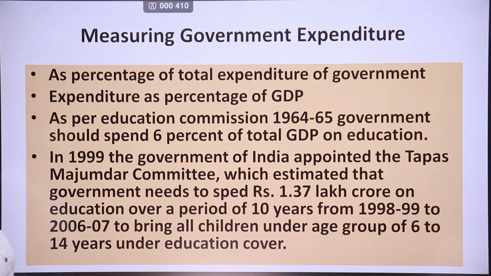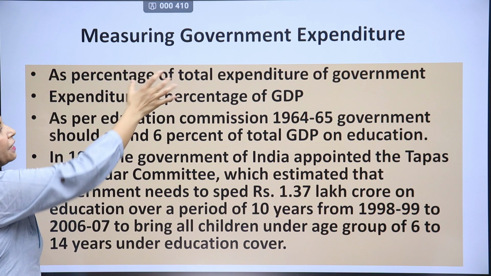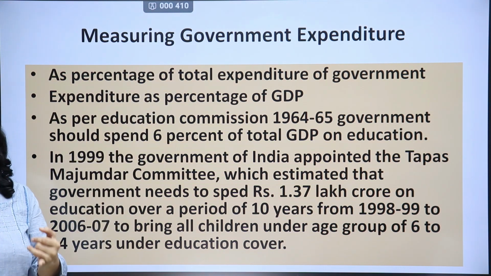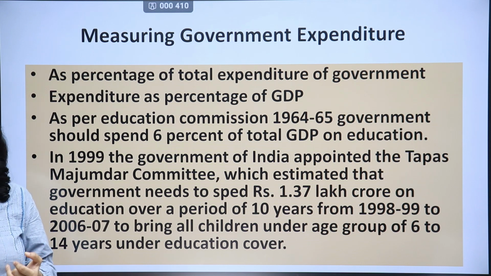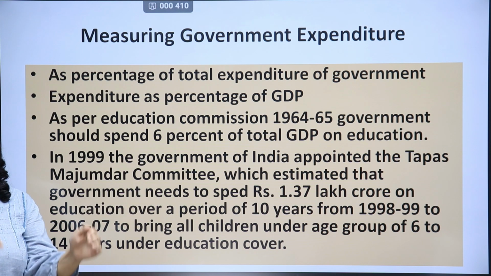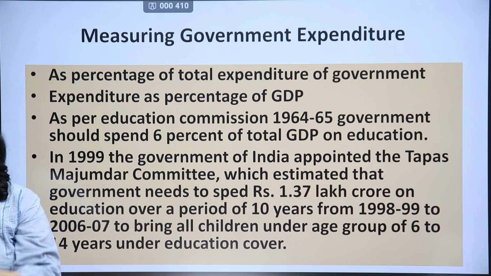Then, measuring government expenditure as a percentage of total expenditure of government and as a percentage of GDP. So what is total expenditure? That is the amount of expenditure done on infrastructure, on agriculture, on defense, on education, etc. So the government has different funds or amounts which it invests in different activities of the nation.